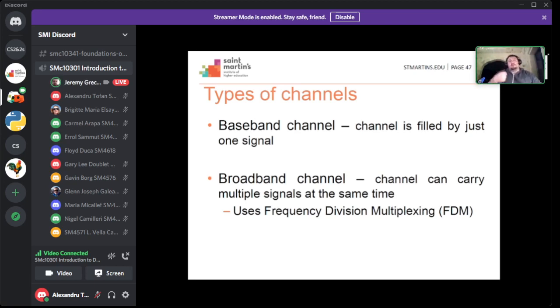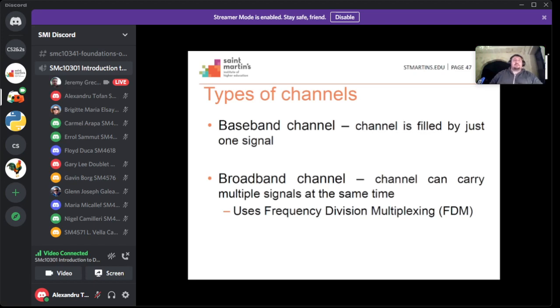At that particular point in time, if you wanted to call somebody else, essentially what you were doing is creating a physical connection, a physical circuit, between yourself and whoever you wanted to call.